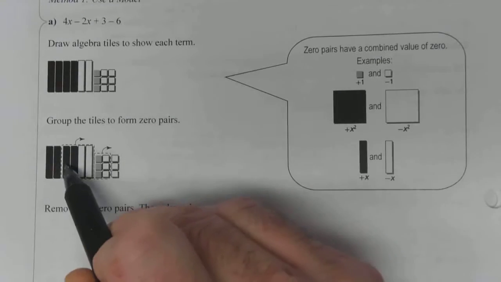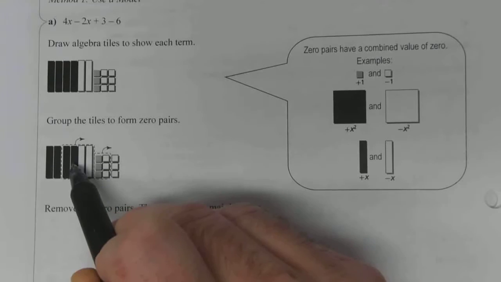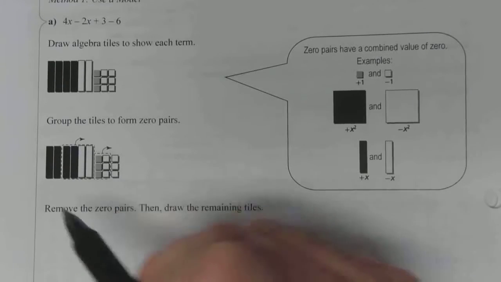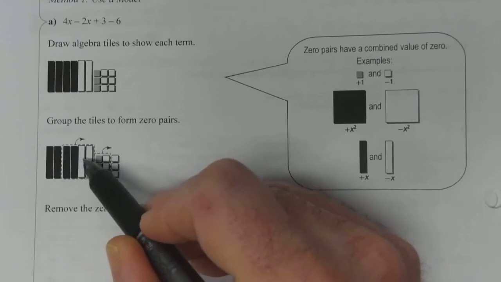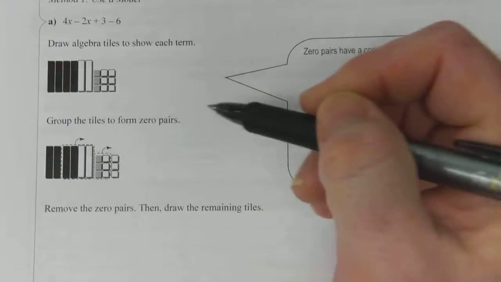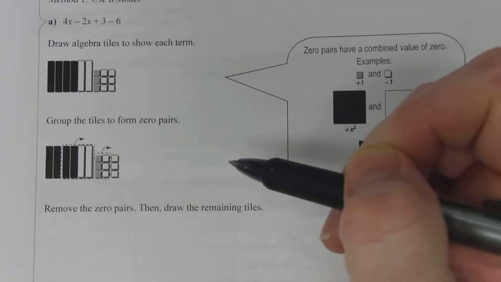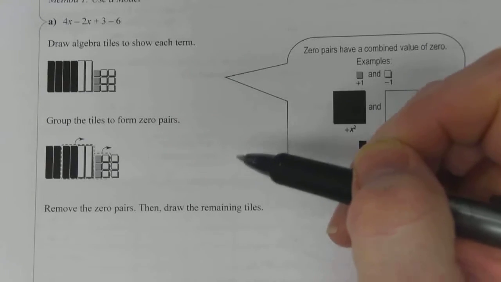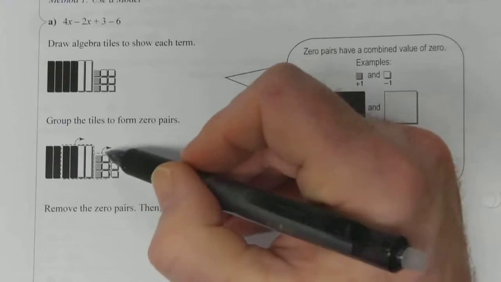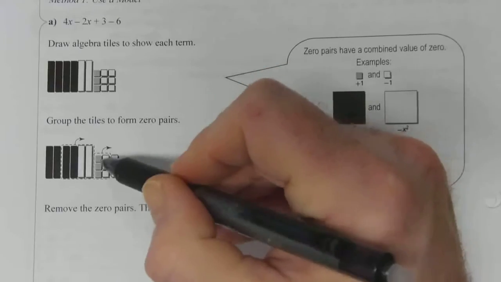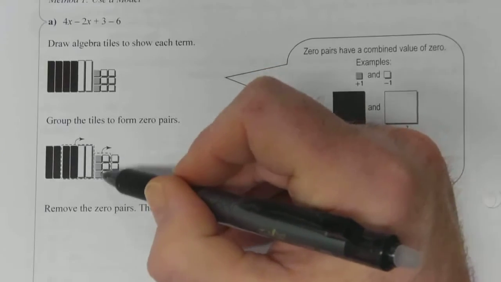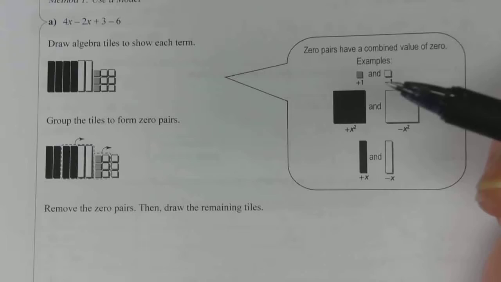So in this example, we've got 2 whites and 4 blacks in the x category. So we can take 2 of each, and those are 2 0 pairs, and they get pulled out of the workspace. Same with the 1s. We've got 3 shaded and 6 unshaded, so we can take 3 of each and pull those out as 0 pairs as well.